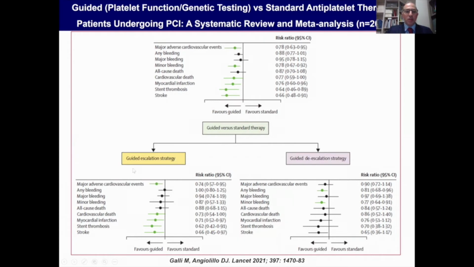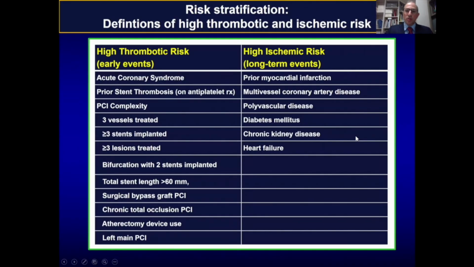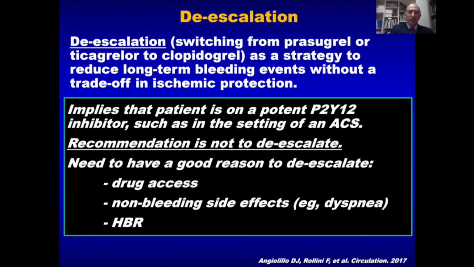As you can see, as mentioned before, with the concept of escalation, you reduce ischemic events and thrombotic complications without a trade-off in bleeding, while de-escalation is a reduction in bleeding without a trade-off in thrombotic complications. Now, it is important to keep in mind that when we're speaking about bifurcation with two-stent techniques, this is by definition a setting of high thrombotic risk as recognized by the ESC guidelines.